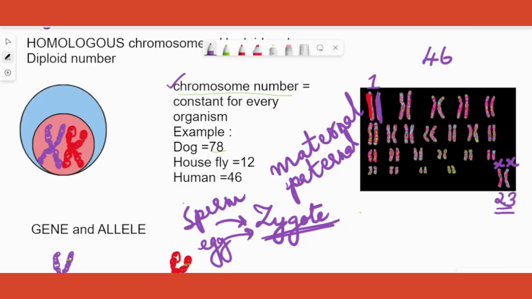Now coming to haploid and diploid number. This is very simple. The total number of chromosomes in an organism, in case of human, is 46. In other organisms, it's different. 46 can be represented as 2n. Why 2n? Because all of them are in the form of pairs. 2 stands for the pair. How many pairs? 23 pairs. So 2 multiplied by 23 is 46. So 2n represents the diploid number.